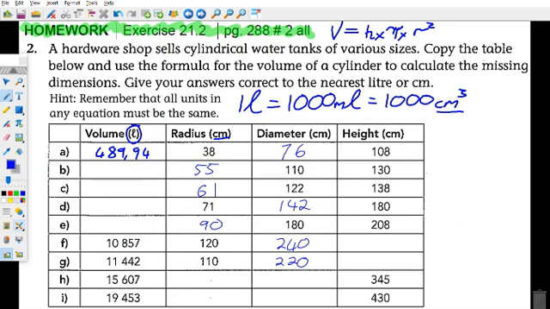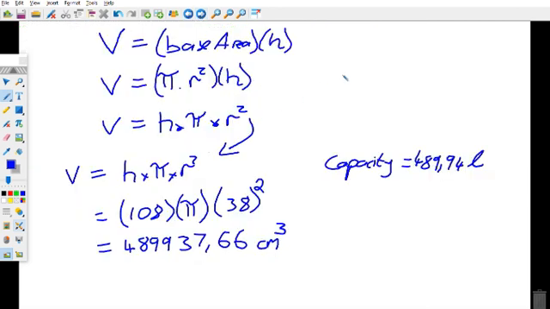For the next of them, it's going to be exactly the same procedure, so I'm just going to write in these values. I have left some of these values here. To find these values, take a moment now, pause the screen, and you can check your answers. How we find these, again, is the volume is equal to height times pi times r squared.